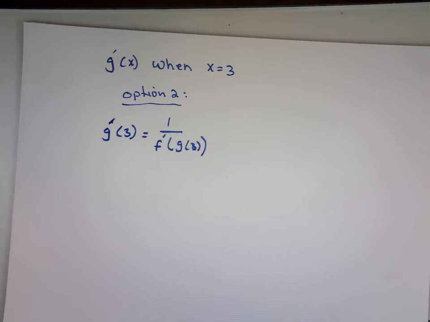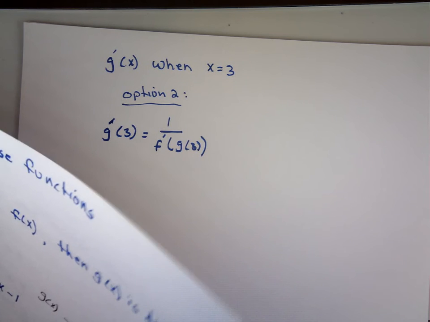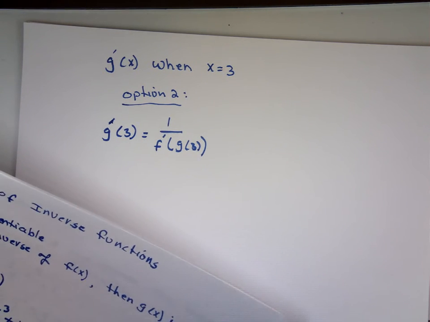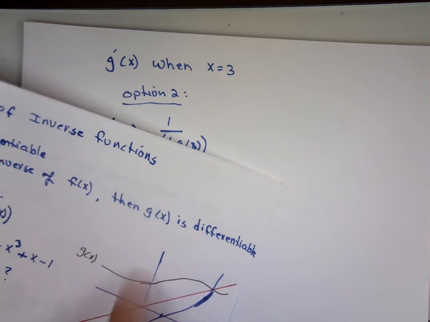We don't have g sub 3. Wait a minute. Let's see, how do we find g sub 3? Remember, g is the inverse of f.